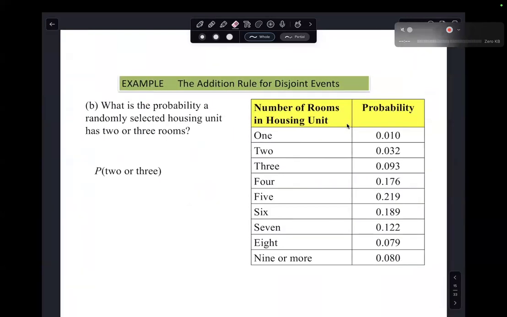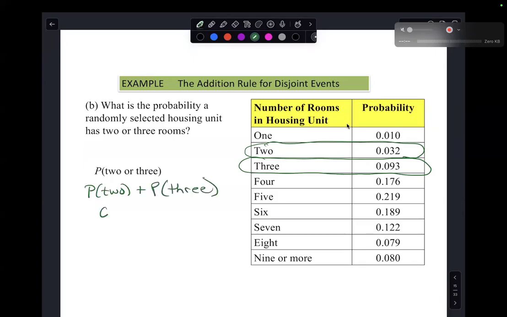Okay. Next, we want to know the probability that a randomly selected housing unit has 2 or 3 bedrooms. Here's my 2 bedroom, and here's my 3 bedroom. So I'm just going to take the two probabilities: my probability of 2 plus my probability of 3.